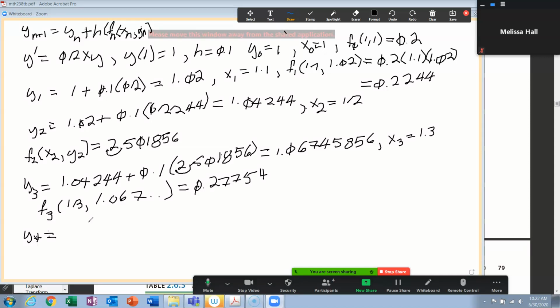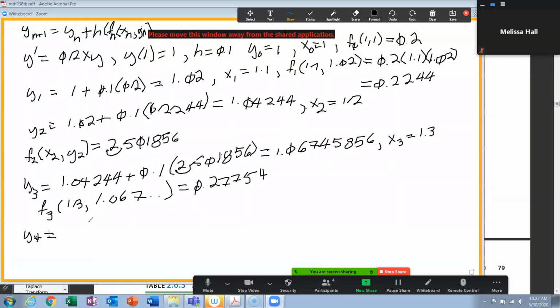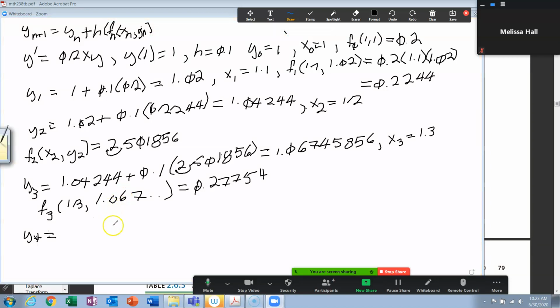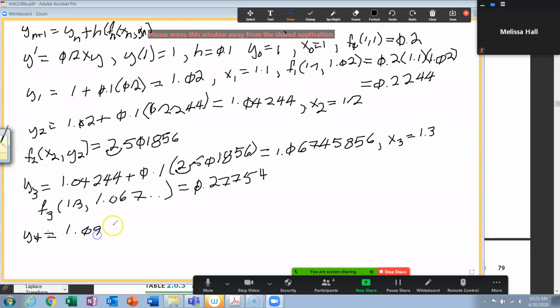So this number I've got on my screen is going to be multiplied by 0.1 and added to that 1.06745856, equal, and that gave me my y4. I didn't work out the thing, 1.093 or 1.0934. Let's round that up.